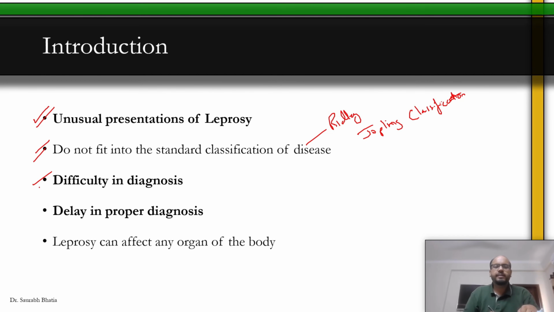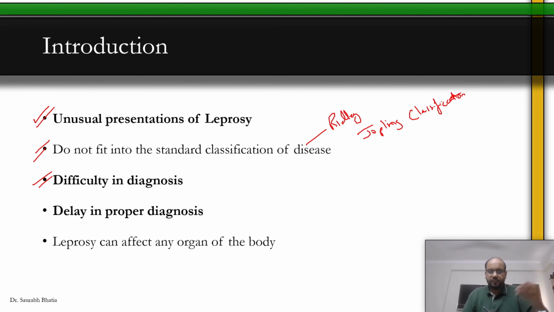The problem arises that because of these different and variable presentations, a diagnosis of leprosy could have some difficulty. You could have some kind of hesitation in making a diagnosis of leprosy. In fact, multiple differentials are considered before even thinking of leprosy.